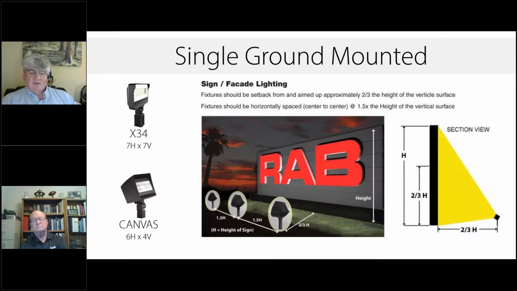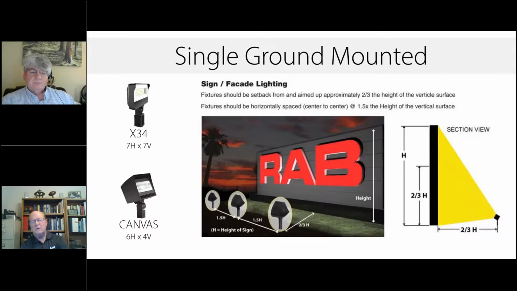And then as you can see in this image here, we're looking at about 1.5 times the offset distance. So if the height is 30 foot, 1.5 times would be, actually it's the offset distance, excuse me. So we're 20 feet off, so that would be 25 feet in between each of those fixtures, and that should give you fairly good uniformity.